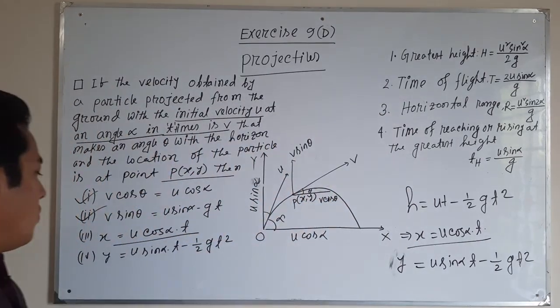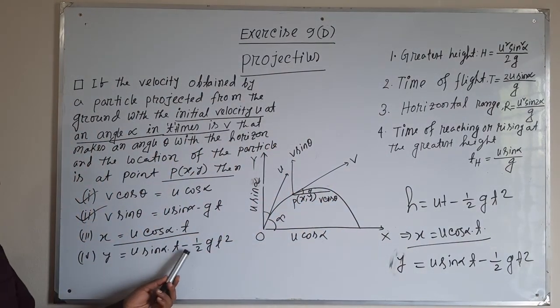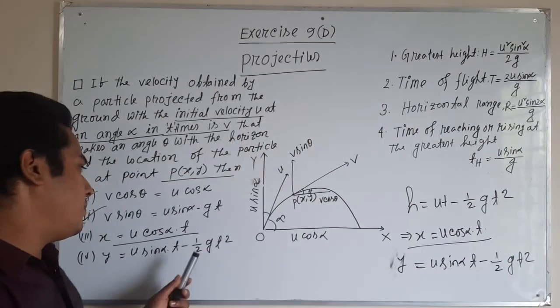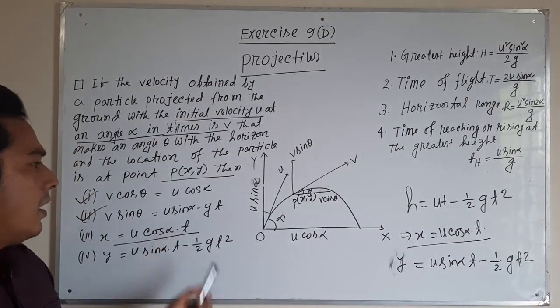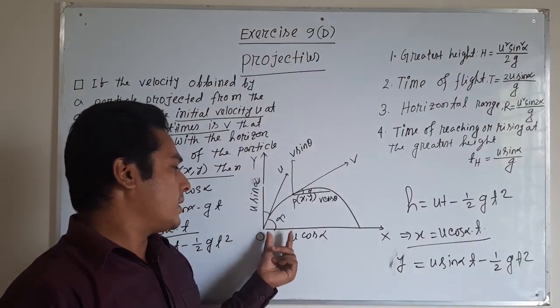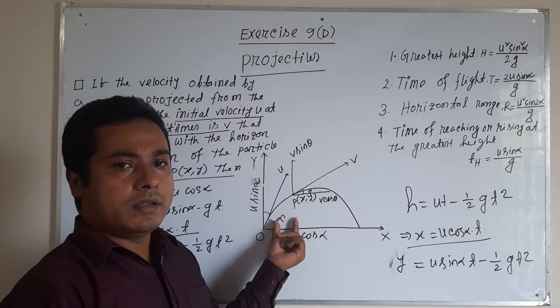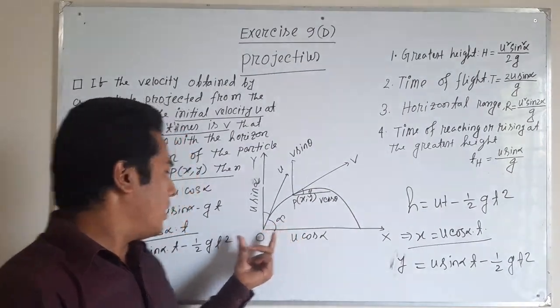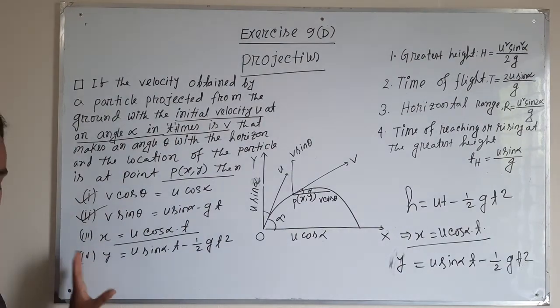Okay, so y is equal to u sin alpha t minus half of g t square. So my dear students, already you have learned the equation of motion if the particle is projected at angle alpha with the horizon, then what will be the equation of motion.